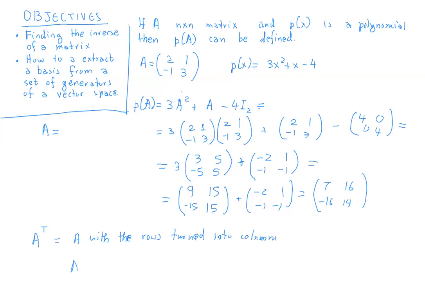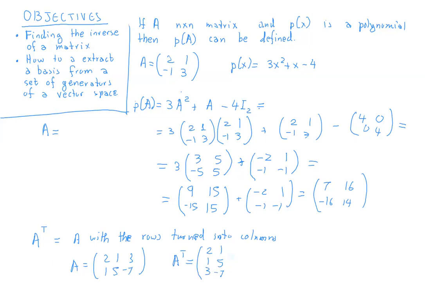So for example, if A is 2, 1, 3, 1, 5, negative 7, then A transpose, we're going to call it the transpose of the matrix, as we have seen so far. So the first row becomes the first column, right? And the second row becomes the second column. And that's it.